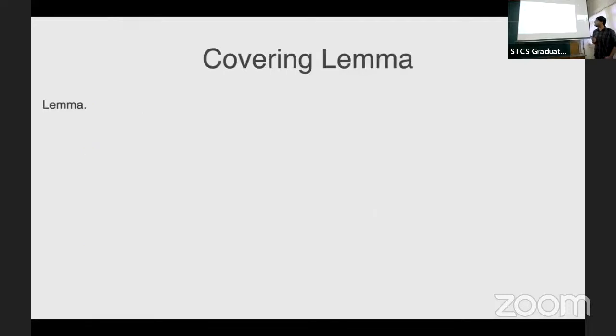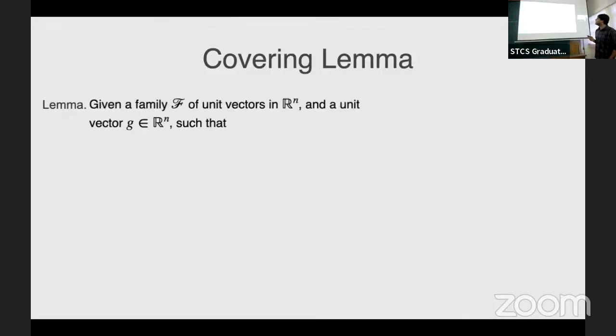So let's start with the covering lemma. This will essentially be a different proof of Johnson-Baum, which I think some of you will find interesting. It's just a geometric statement, not much to do with codes.